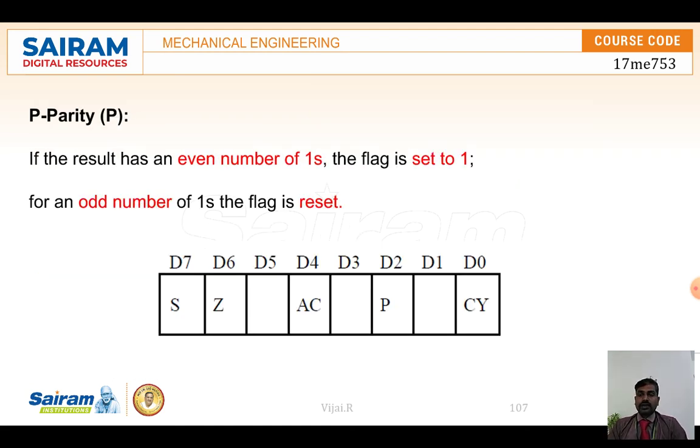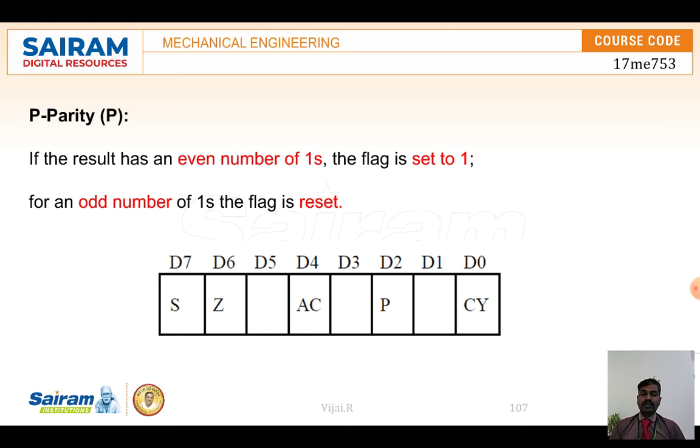All right. Parity is where you can see the pairs: if the result has an even number of ones, that is called even parity. If it has an even number of ones, then the flag is set to 1. With an odd number of ones, the flag is reset. So this shows the parity.